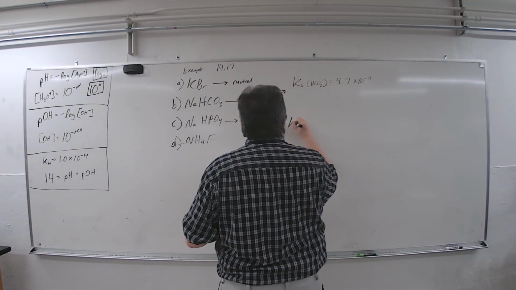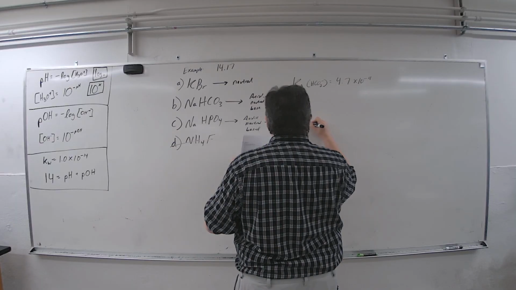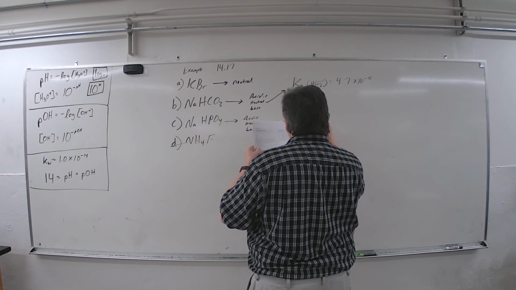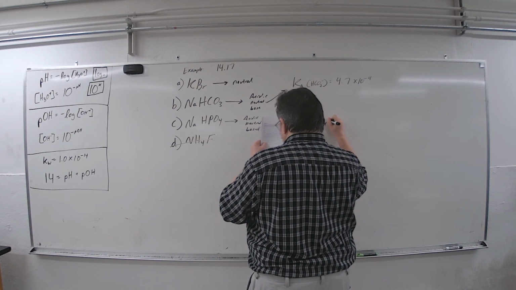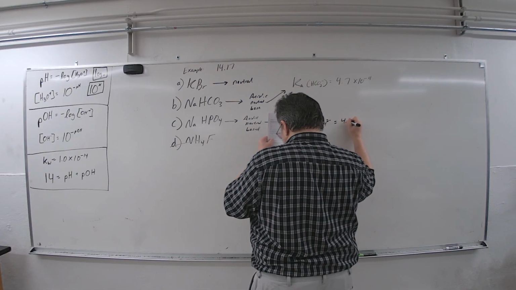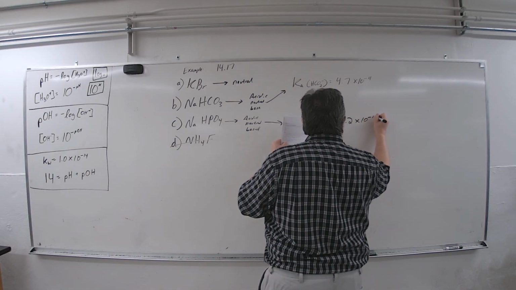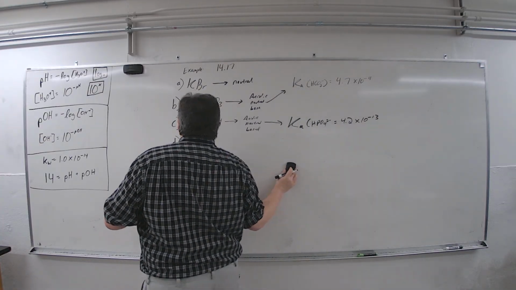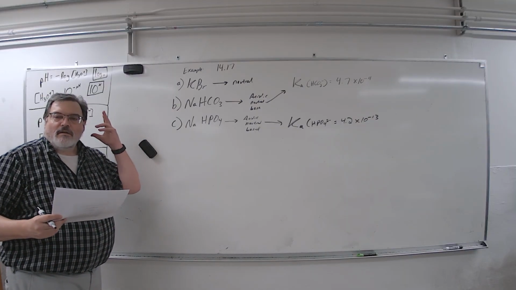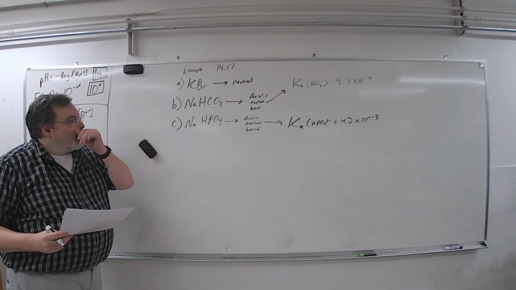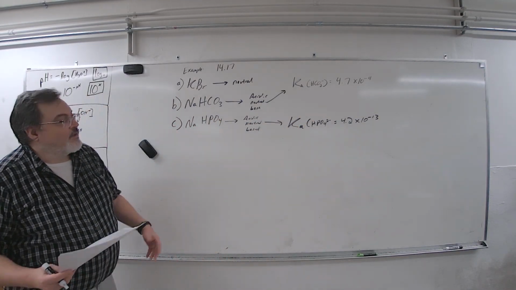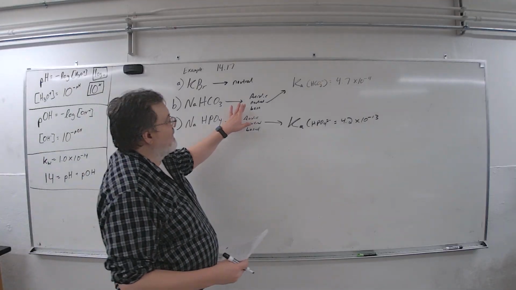And then for this one, the Ka value is generally what you can look up very easily. So assume you were given these values, the Ka values. Ignore that for now. All I want you to do for now is look for the amphiprotic ion for these types of problems, and assume that you have access to the Ka values. All right, the question is, is it acidic or basic? It's not going to be neutral.